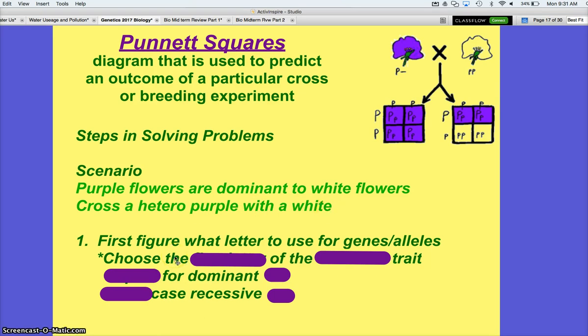So the first question we have to ask is choose the first letter of the dominant trait. Well, we know that. I already answered that. What is the genotype for this parent? Cross a hetero purple. Raise your hand if you could tell me. What is the genotype for hetero purple?